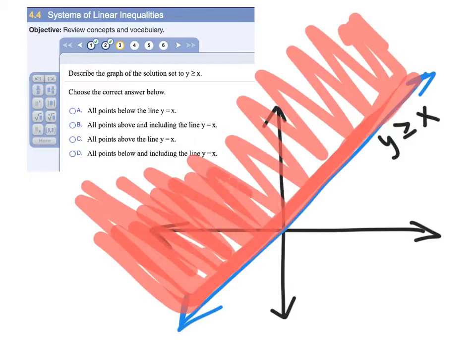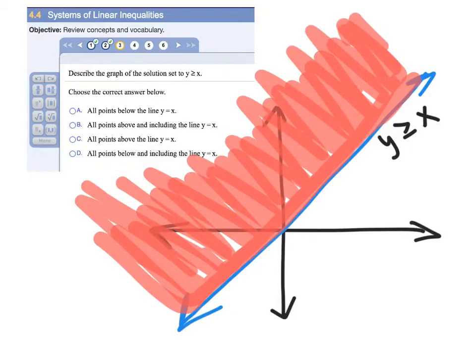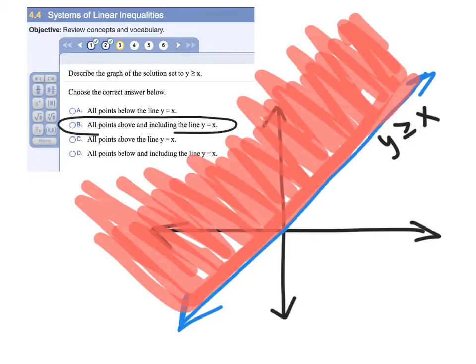It doesn't have to be just greater, it can also equal. So the answer of what we're going to shade in is all points above and including the line. So the answer is B.